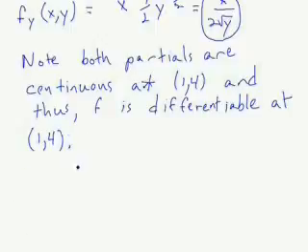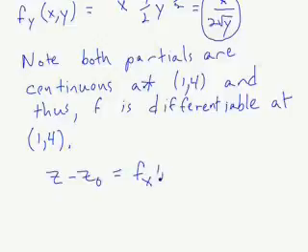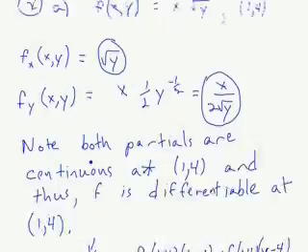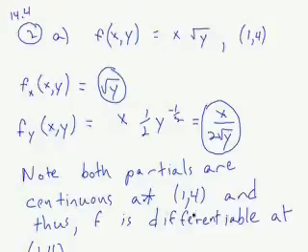And the equation of the tangent plane is z minus z naught equals the partial with respect to x, in this case evaluated at (1, 4), times x minus 1, plus the partial with respect to y evaluated at (1, 4), times y minus 4. z naught in this case turns out to be, just plug in (1, 4) into the original function, you're going to get 2.